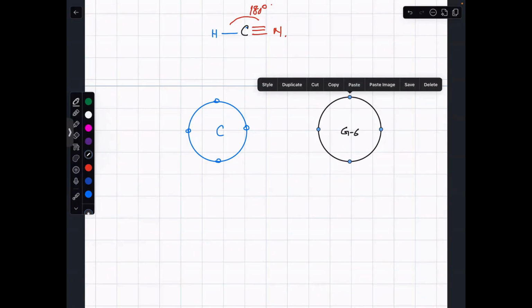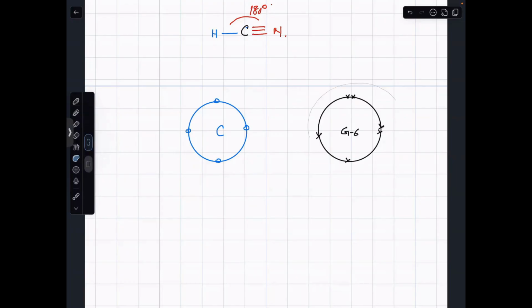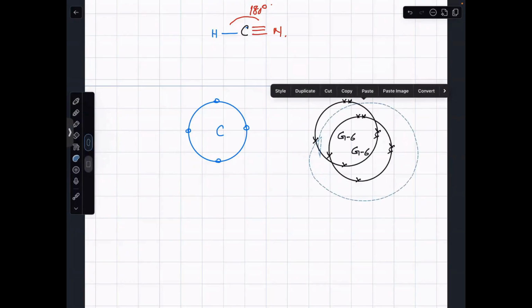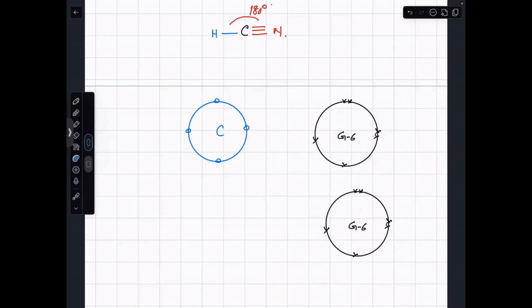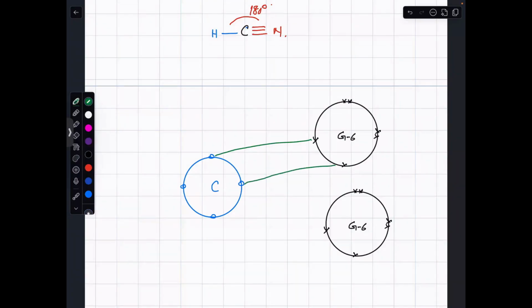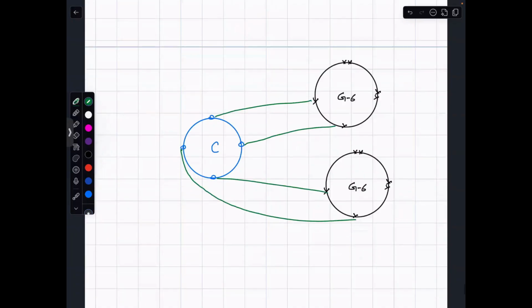Look, this is group 6. 1, 2, 3, 4, 5, 6. This is one group 6 making 2 bonds. This is another group 6 making 2 bonds. This is oxygen. How can they make bonds? Is this possible, 2 with this share and 2 with this one? Of course.